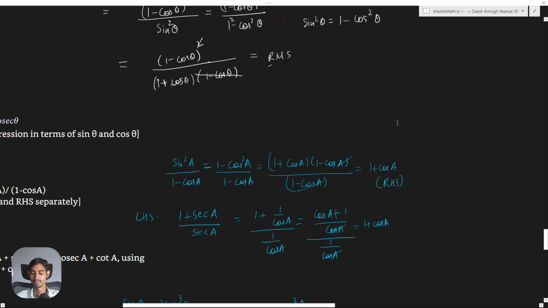Which part? No, I just didn't get the solution. Okay, you are copying the solution. You understood the steps? Yes, sir. Okay. Naveen, everything fine? Yes, sir. Amog? Okay.